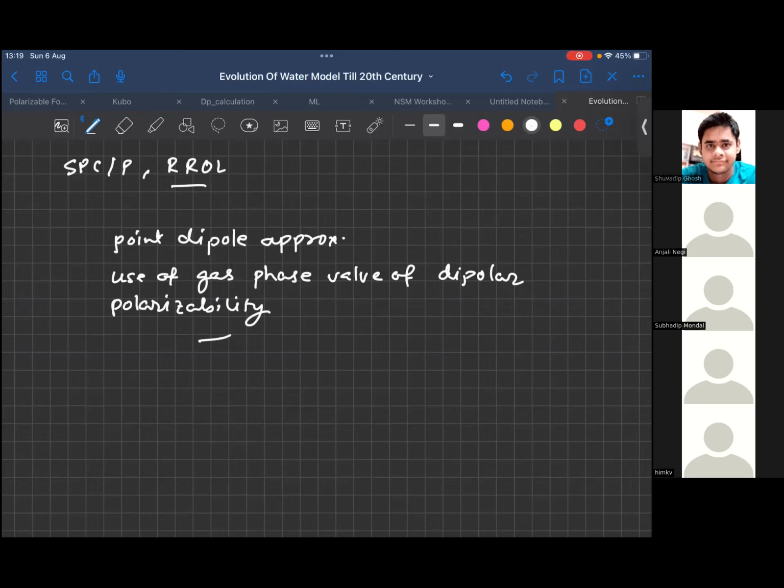Okay, because not one water model at that time in the literature was able to reproduce all the water properties with great accuracy. That's why I say it's a mixed feeling in the scientific community.